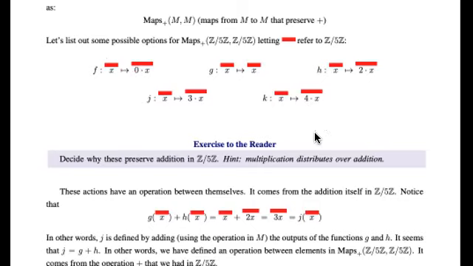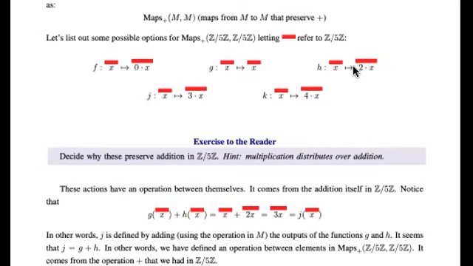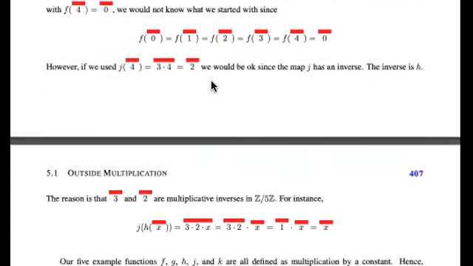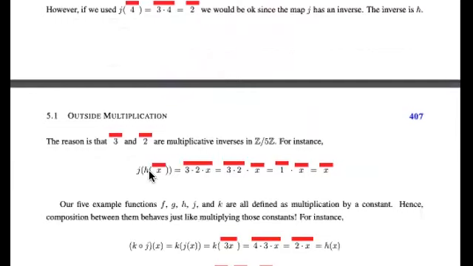So what does multiplication of these functions mean? It actually means composition, when we compose these things together. Let's look at an example of that. We put h into j. What happens?